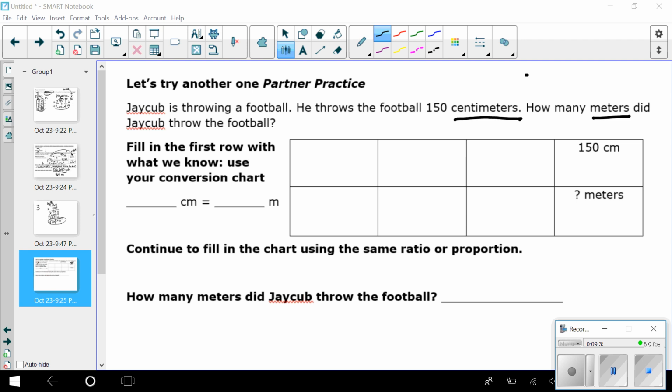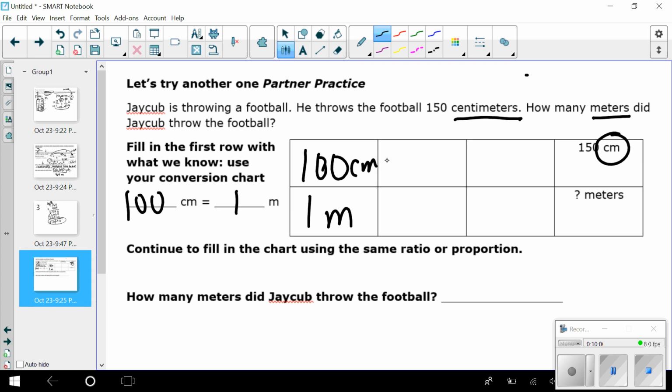I know that in 1 meter, I have 100 centimeters. So I can make my table. Notice centimeters are on top. So I would put 1 meter is equal to 100 centimeters.